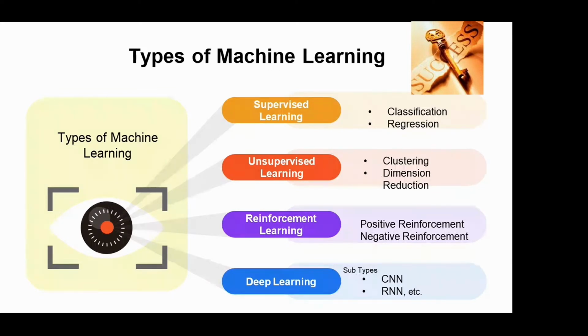The first application of unsupervised learning is clustering, and the second is dimension reduction. What is dimension reduction? This is a very important property of unsupervised learning. Suppose we have 100 features. They will take more memory, and they will also require more computation power. In dimension reduction, we find the main important features.